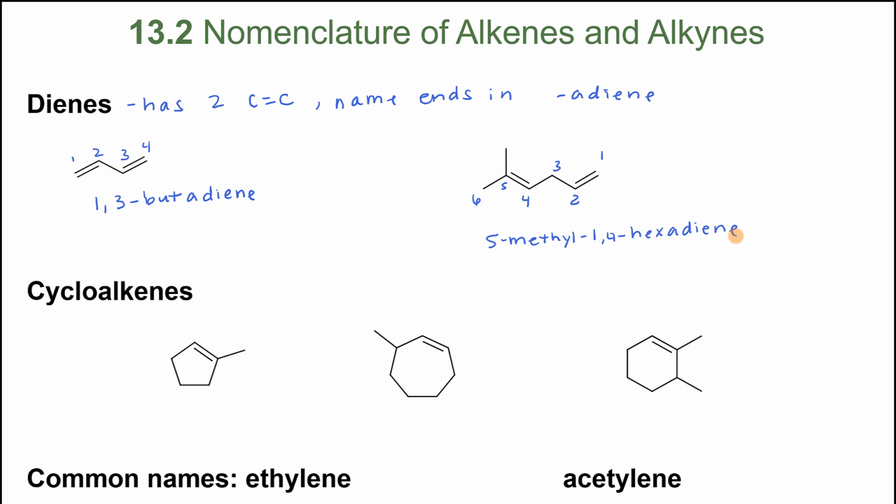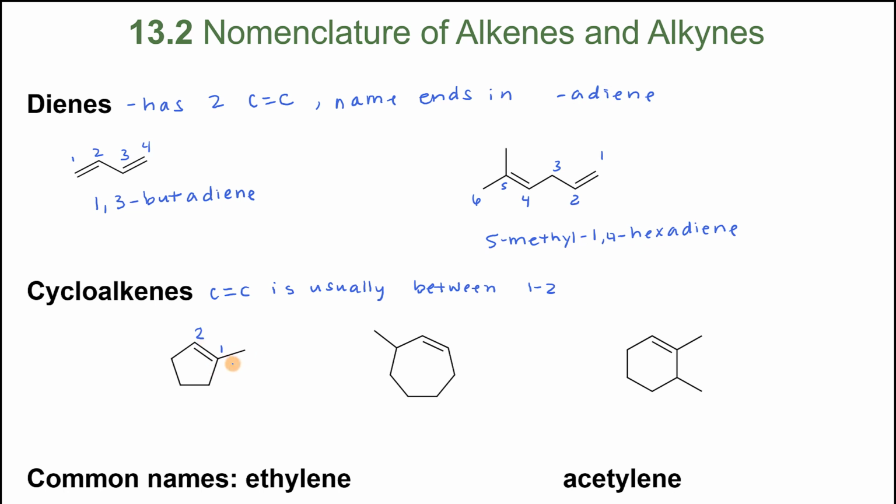For cycloalkenes, our carbon-carbon double bond usually starts at 1. So to give this first one the lowest numbering, I would use this as 1 and this as 2. If I had started the numbering at the top, then my substituent would be at 2, and this way it will be at 1.